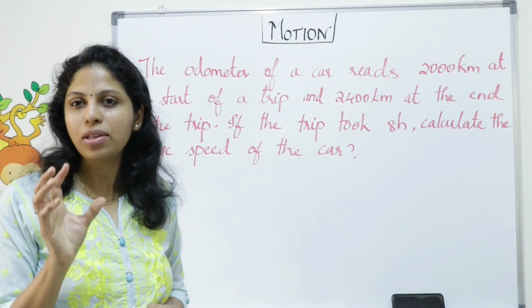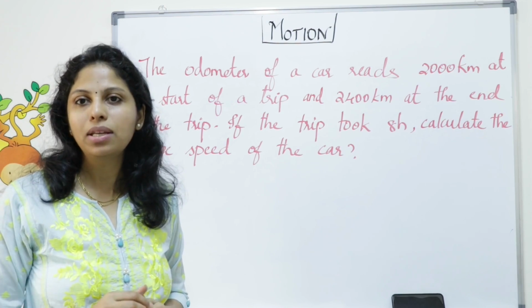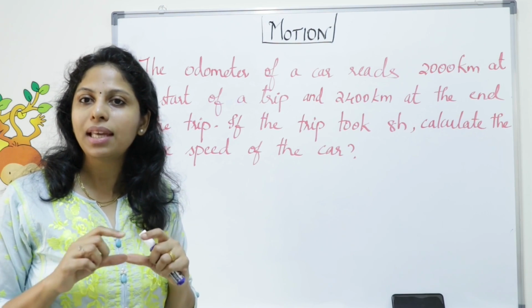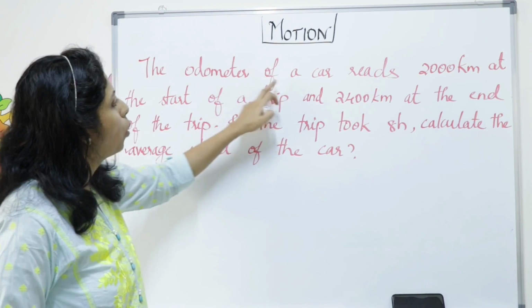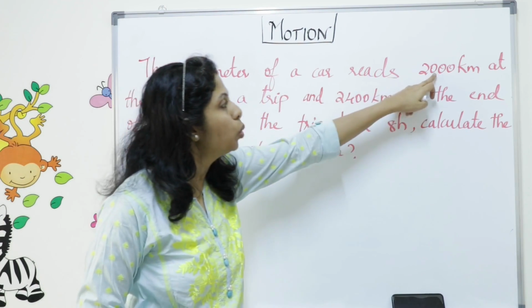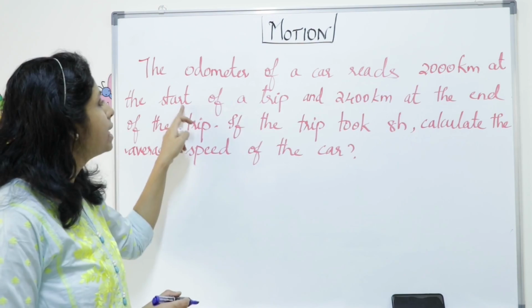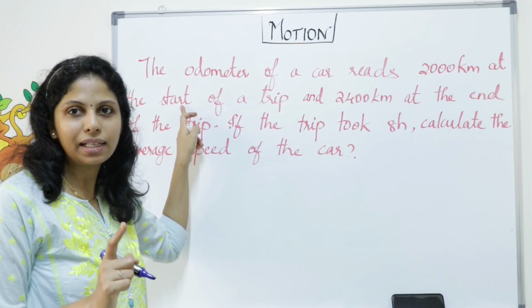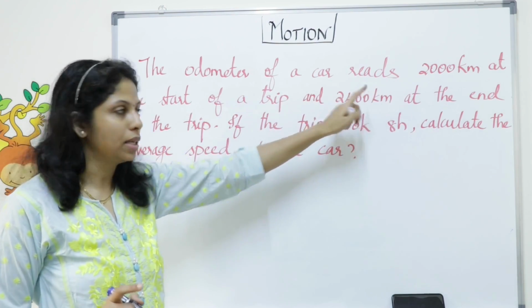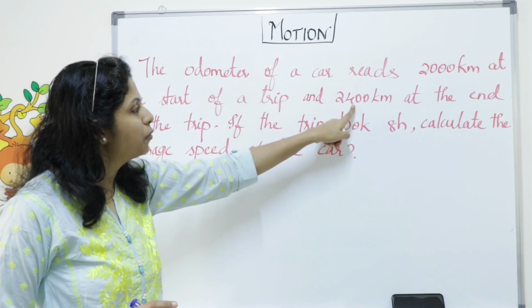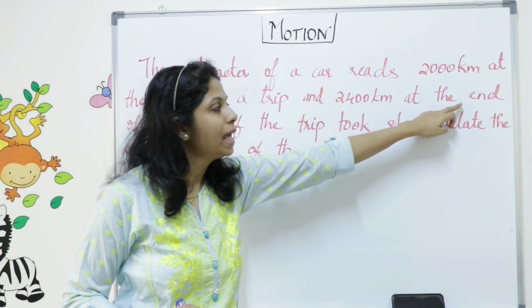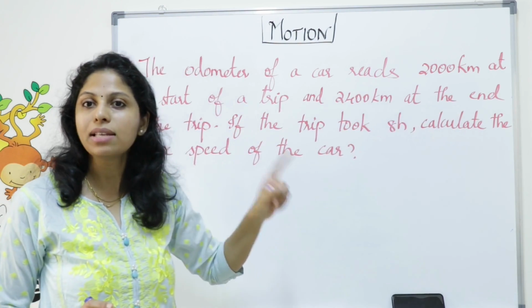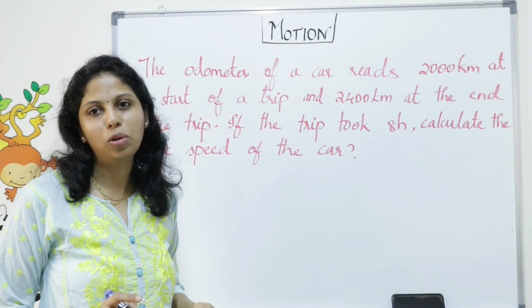Odometer is an instrument, and that instrument is used in cars to measure the distance travelled. The odometer of a car reads 2000 kilometer at the start. So the initial reading is 2000 kilometer and 2400 kilometers at the end. So the final reading is 2400 kilometers.